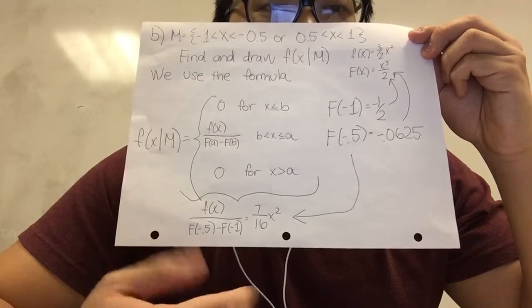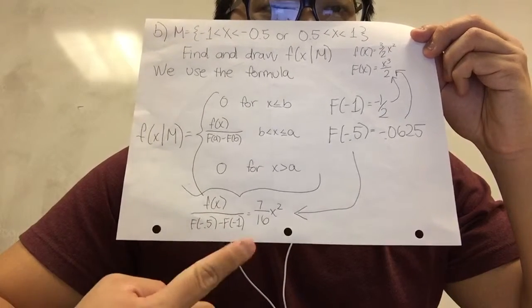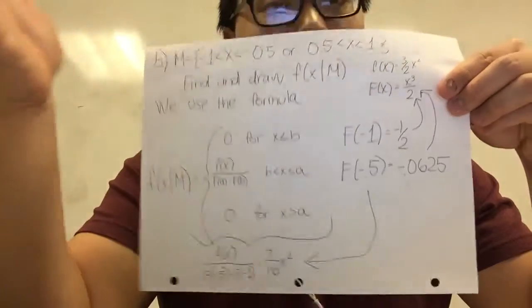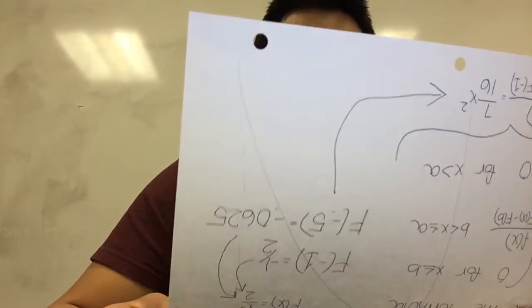Basically, we arrive at f of x such that M is 7 over 16 x squared. And x squared, that's a parabola, but what kind of parabola is it? We use one of the bounds to figure out the problem, so the other bound is the mirror image of it.